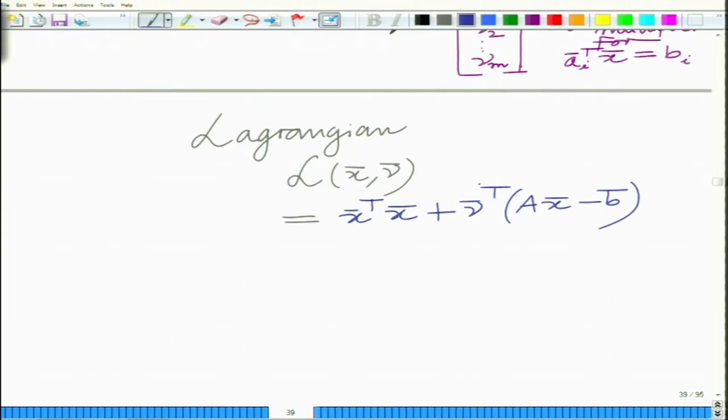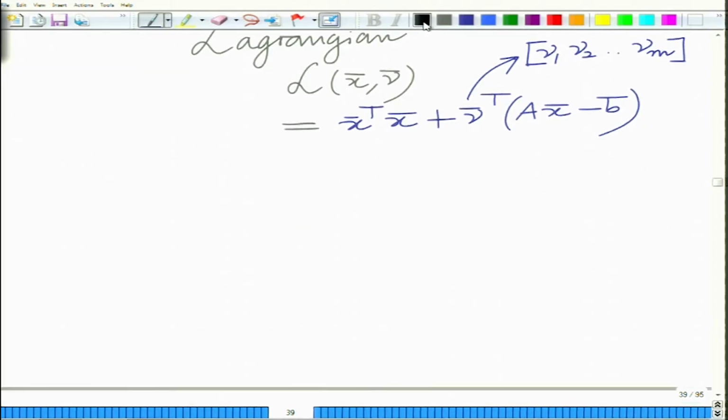Okay, so basically each Lagrange multiplier is multiplying the corresponding row, and then you are taking the sum. That is what this nu bar transpose is doing.